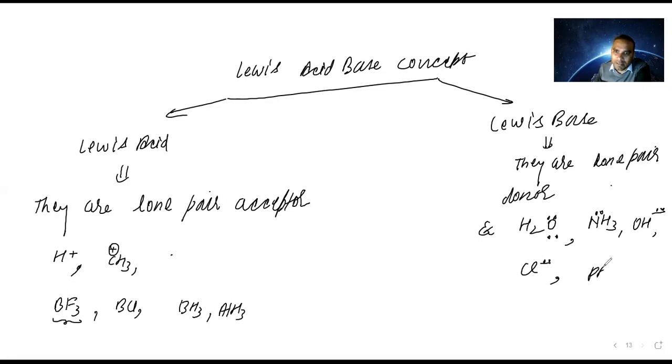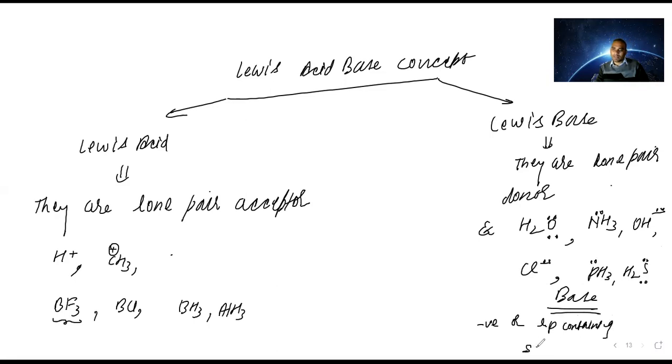PH3 is going to be a base. H2S, lone pair electrons, they all are bases. Why? Because they are capable. So negative charge or lone pair containing species are Lewis bases.